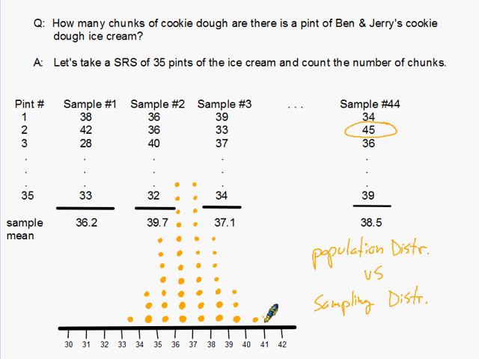45 just doesn't even appear in this distribution because it's inside one of these dots. And it's been balanced with a bunch of other values. So you don't get quite the swings that you would if you actually did a population distribution. If we graphed the population, there would be the value of 45 in that graph.